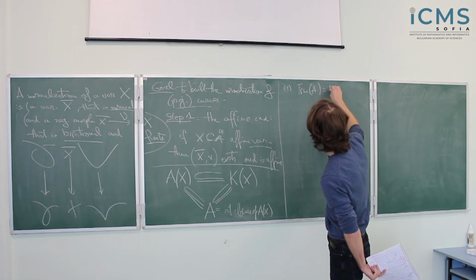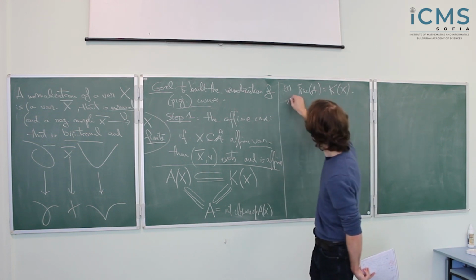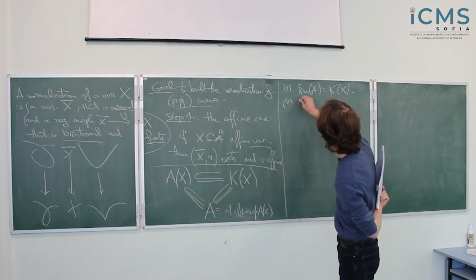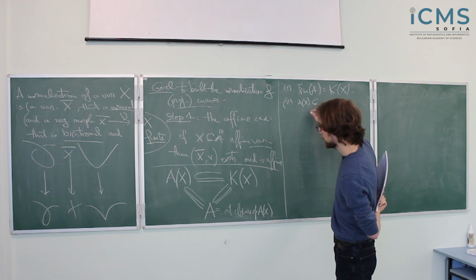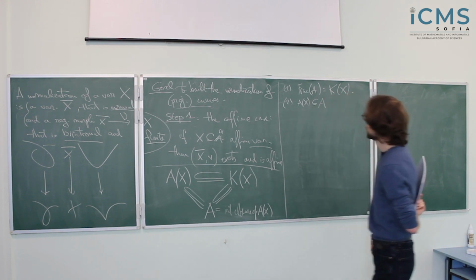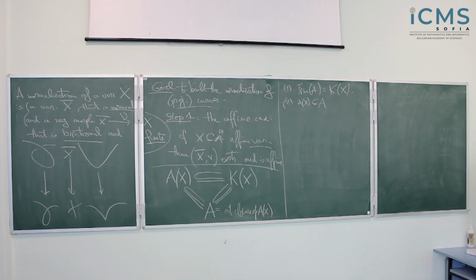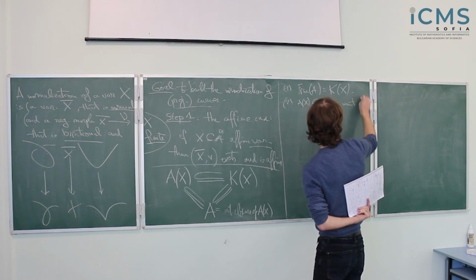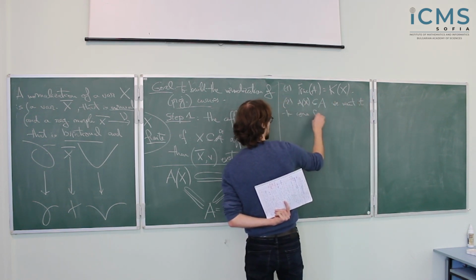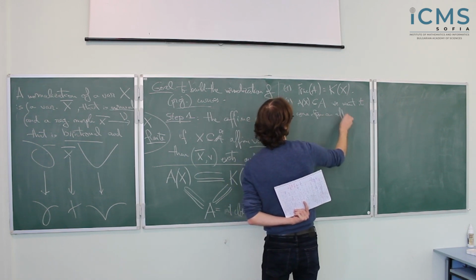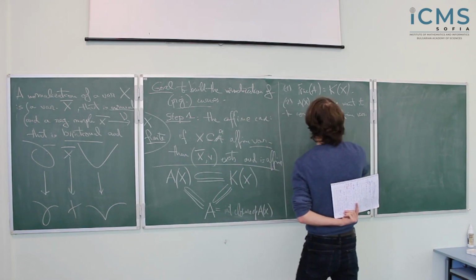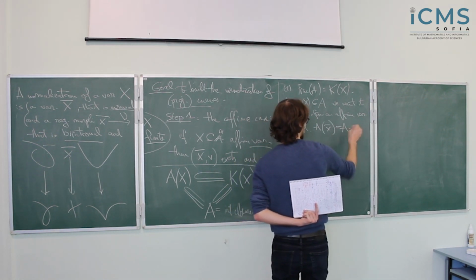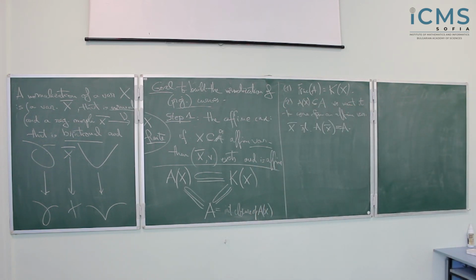This is K of X. The second point is that for this inclusion, we want it to come from an affine variety X bar such that A of X bar is equal to A.